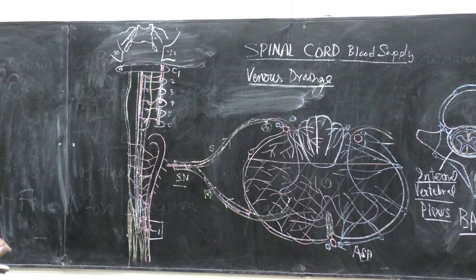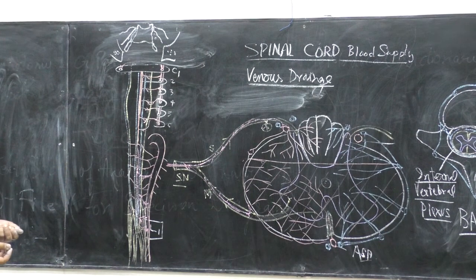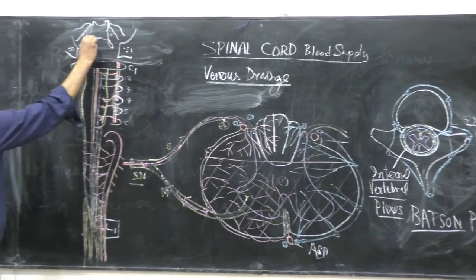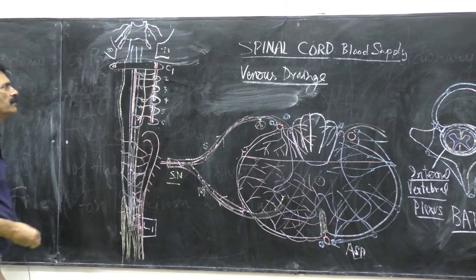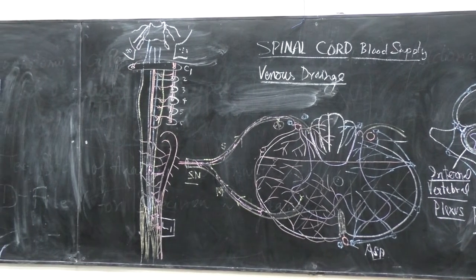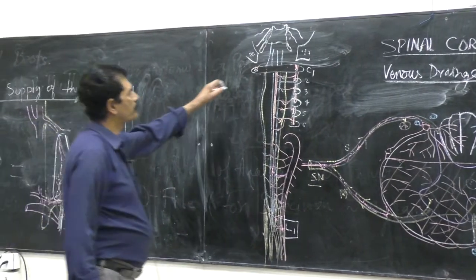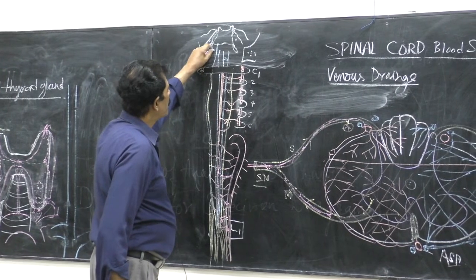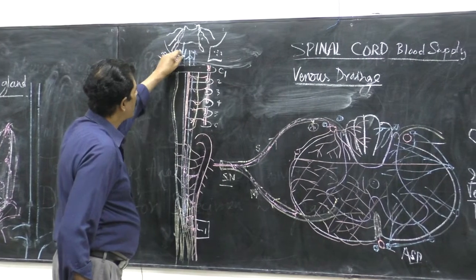So carrying the blood from the vertebra and the spinal cord, these 10 channels enter into the skull through the foramen magnum, and they run on the clivus. And the venous blood of the bone, that is the clivus, also joins them. The veins from the clivus also join them.